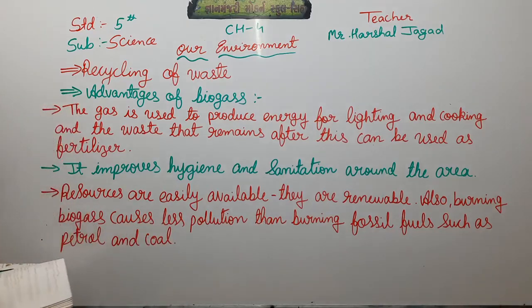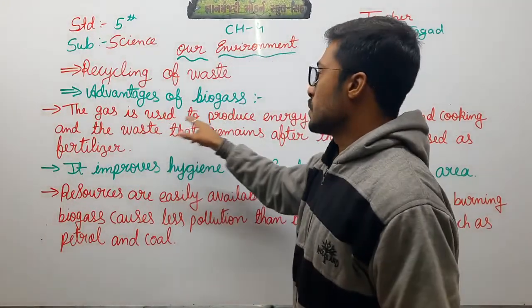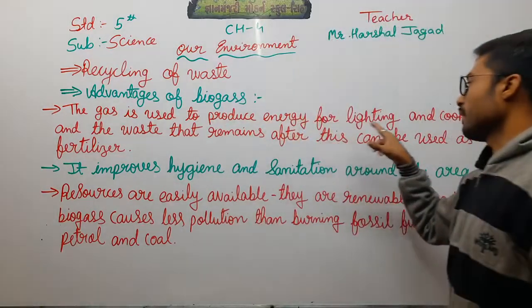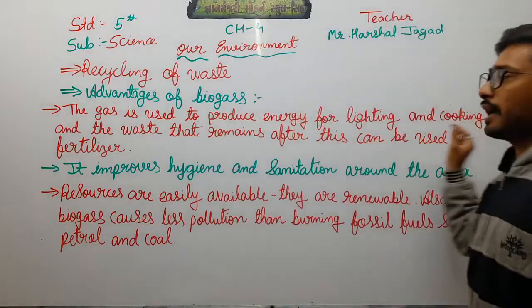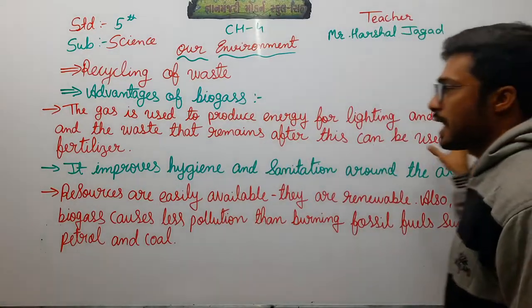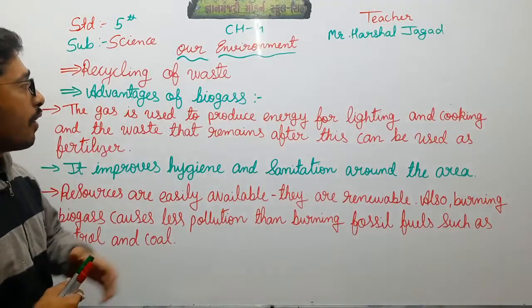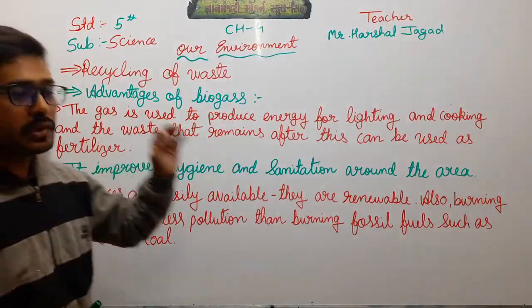Okay, let us see first of all the advantages of it. So here the main advantage, that is the gas is used to produce energy for lighting and cooking, and the waste that remains after this can be used as fertilizers. So this gas is used for what?